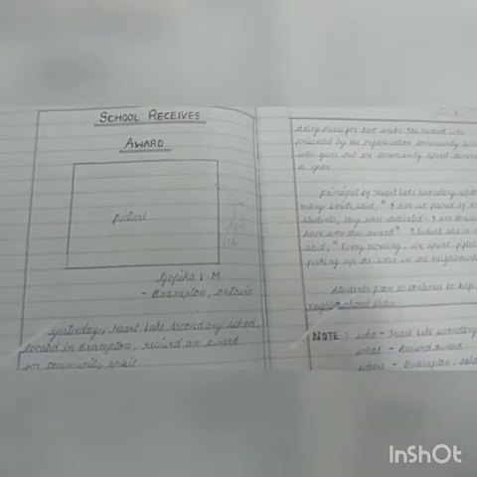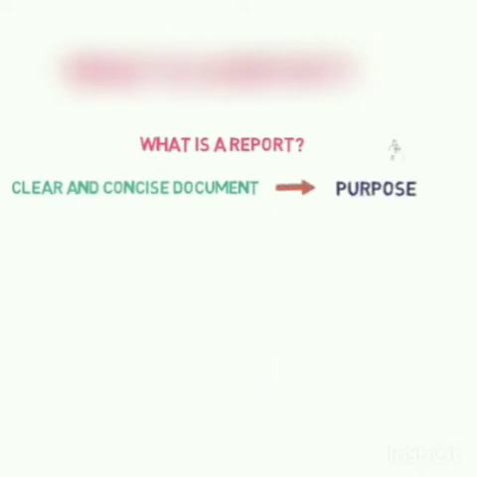Now let's see an animated version of how to write a newspaper report. Okay, children, what is a report? A clear and concise document, and its purpose is to get the details to the audience. You are presenting the details very clearly and very briefly to an audience, to a group of people. That is the essential purpose of a report.